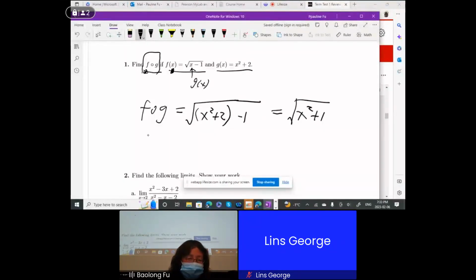And now, if the question asks you g composite with f, whenever you see x in g, plug in f. Yes? Why is it x squared plus 1? Like the square root of x squared plus 1, why is it x squared plus 2? Equals square root of x squared plus 1.